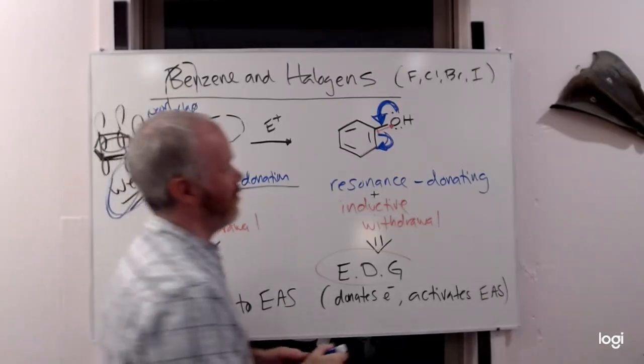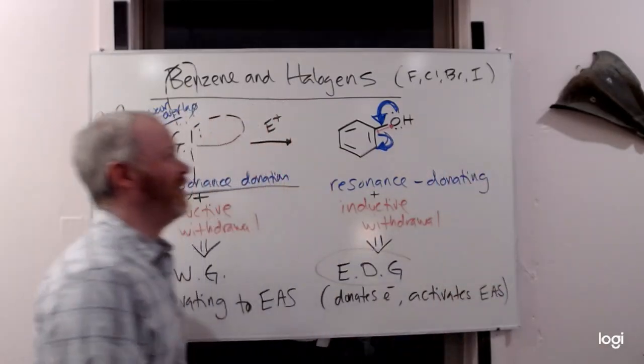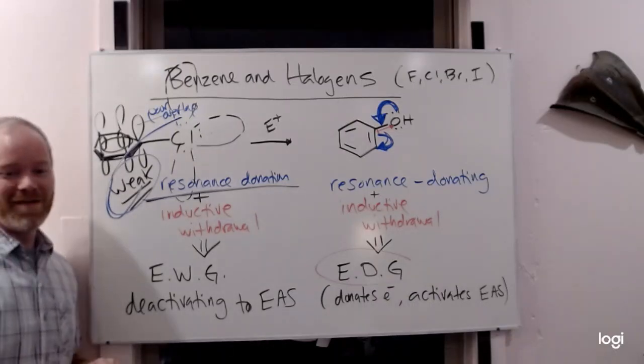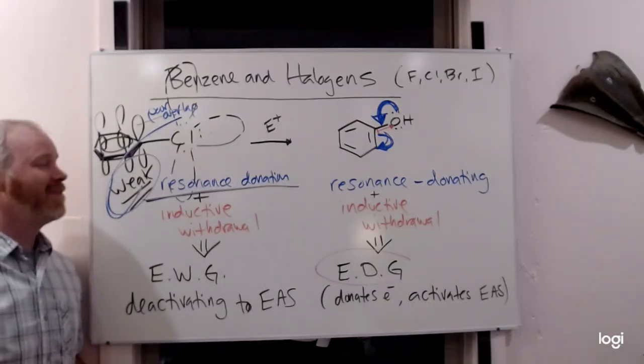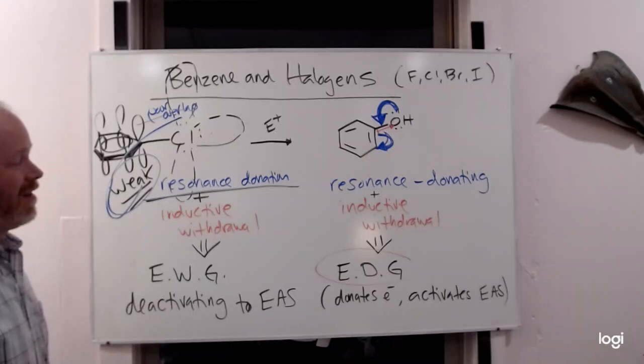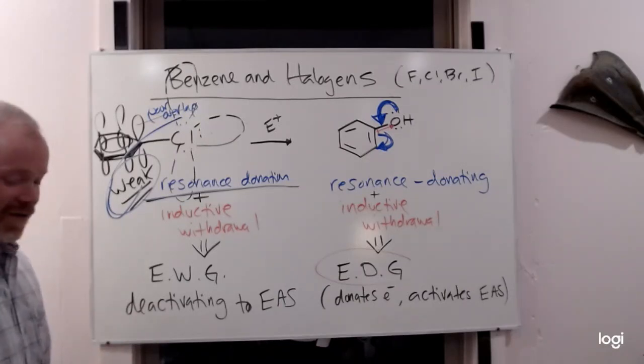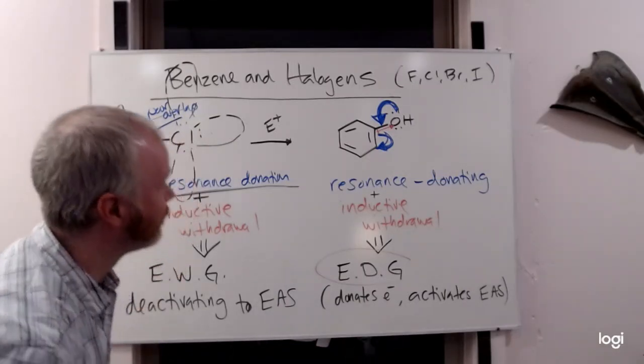And that comes true with the halogens in general. Their withdrawing strength outcompetes their resonance donation, and overall they do withdraw electrons and slow these reactions down.